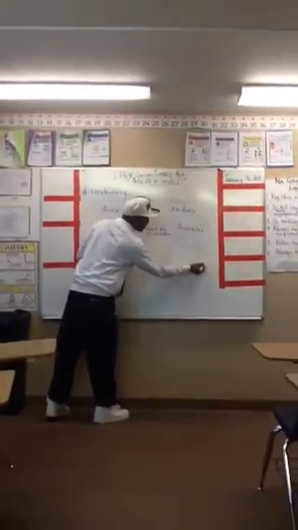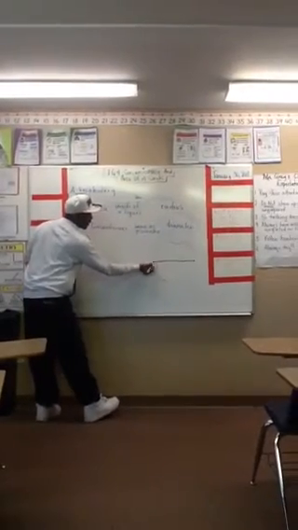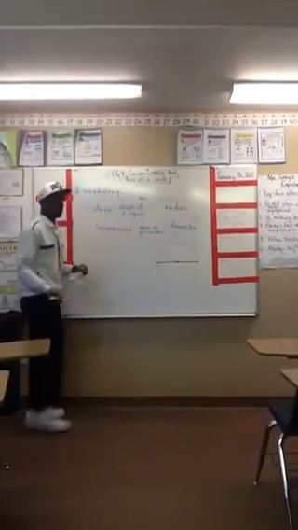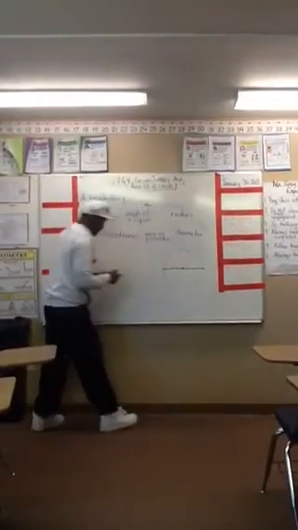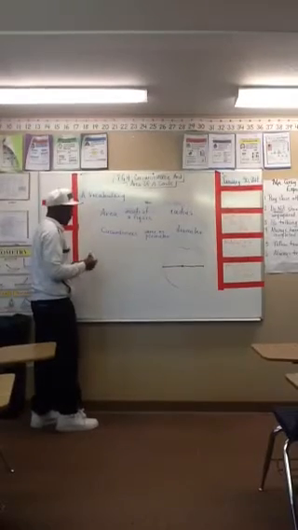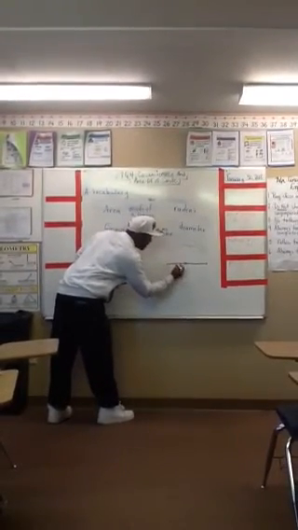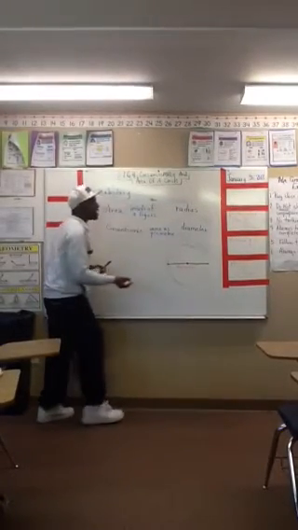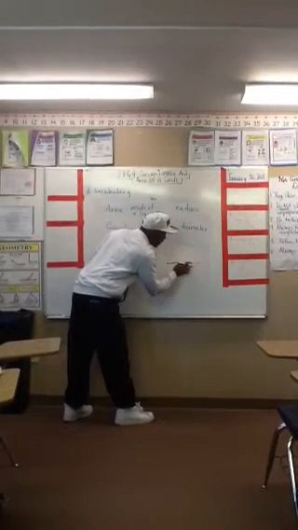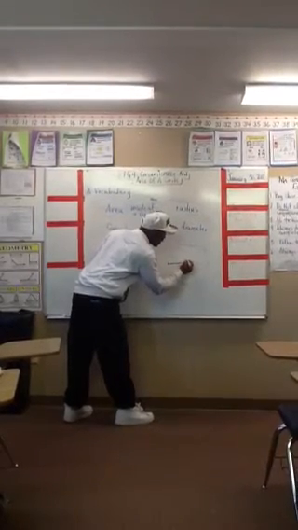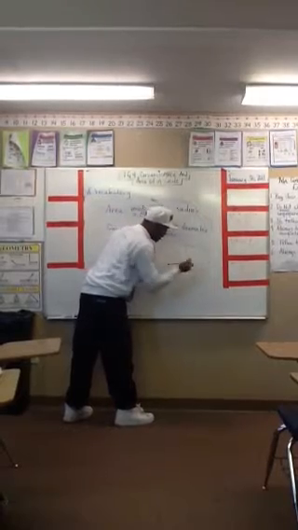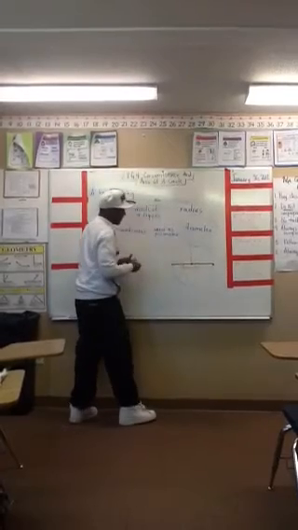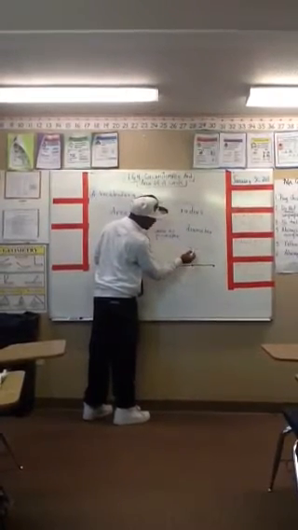And if I draw a chord all the way across it, sticking a point in the middle, the distance all the way across the circle through the middle is called the diameter. Halfway across is called the radius.